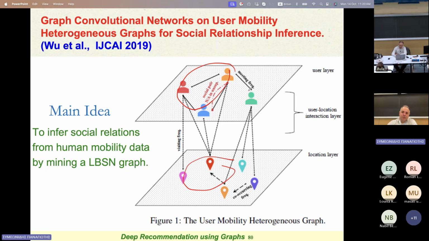And we have also interactions between users, so we have information about meeting frequency or visiting frequency and co-occurrence of co-visits in points of interest, etc.